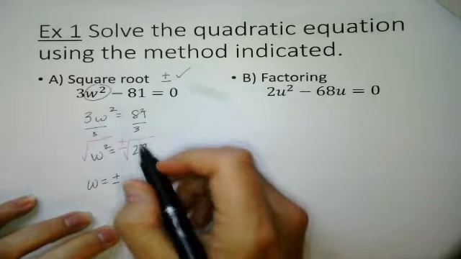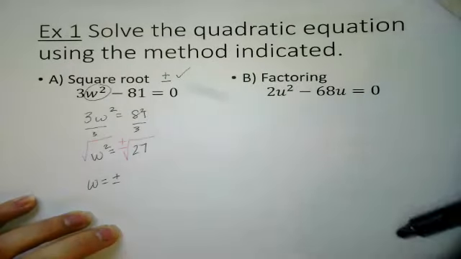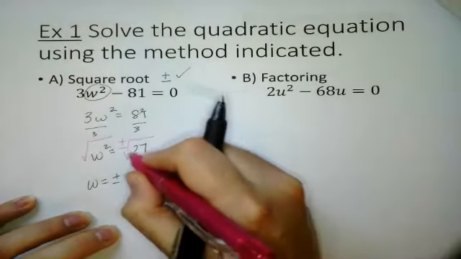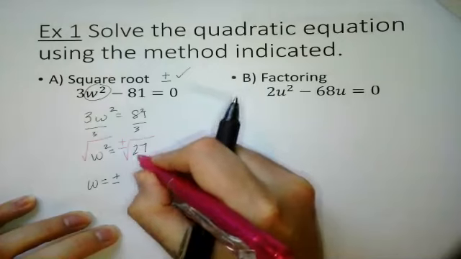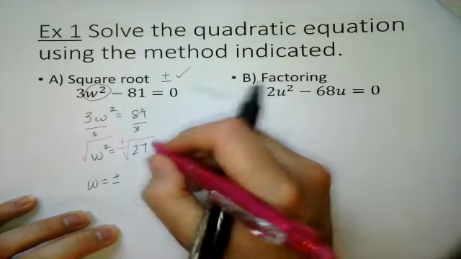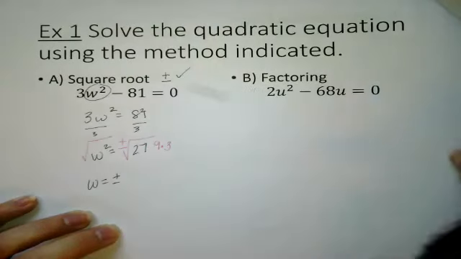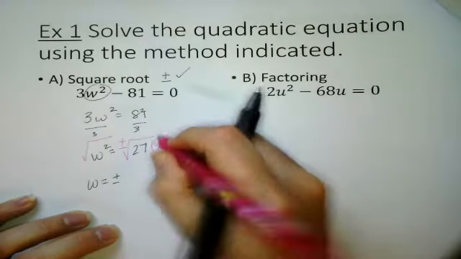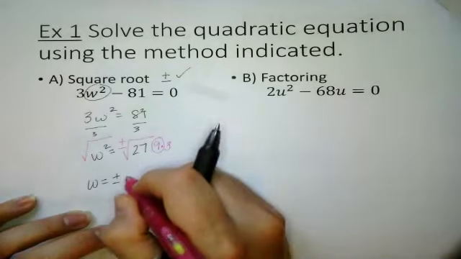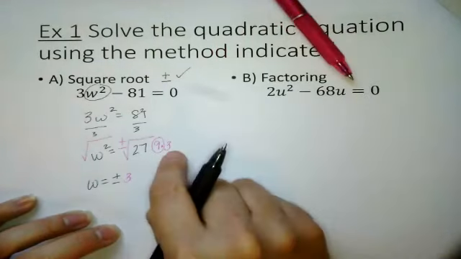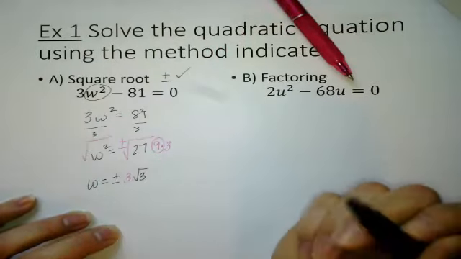But I do want to remind you how to simplify square roots. We're going to break any square root apart into perfect squares if we can. So I know that 27 is 9 times 3, and 9 is a perfect square. So the square root of 9 pops out as a 3, and this 3 is left over inside.